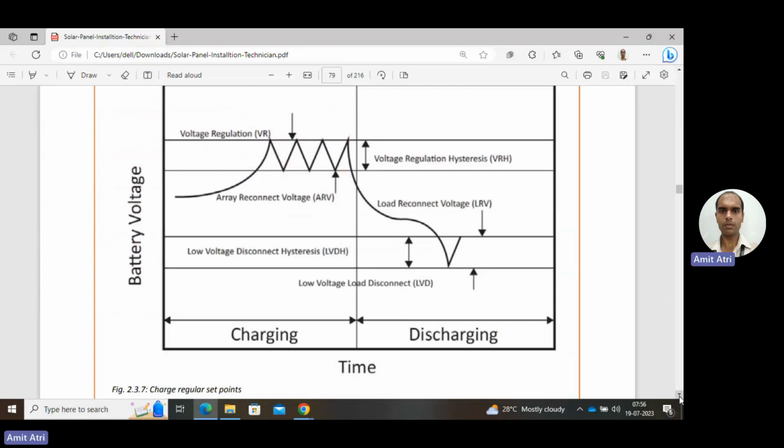Between this minimum level and the reconnect value, there is a low voltage disconnect hysteresis. So they are not the same sharp limit. At the minimum voltage level, the load will not be reconnected until the voltage increases up to LRV, load reconnect voltage. Okay, so this shows the hysteresis.